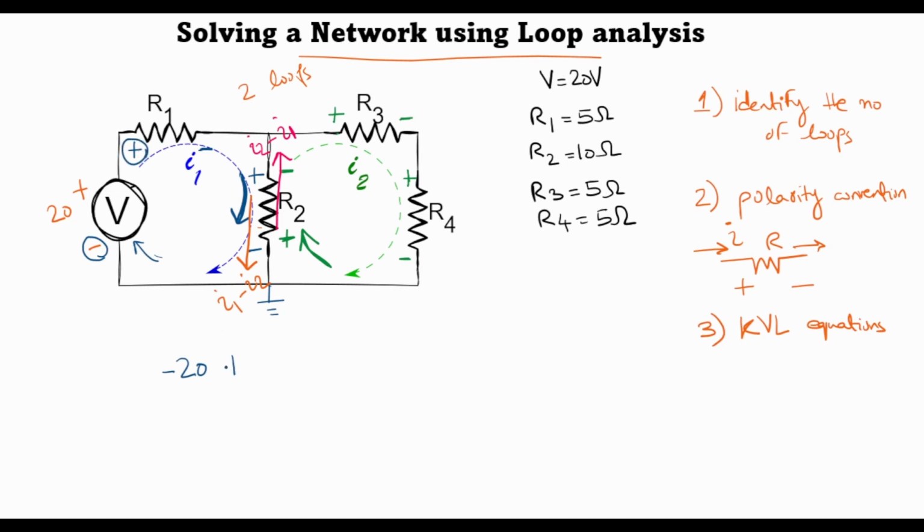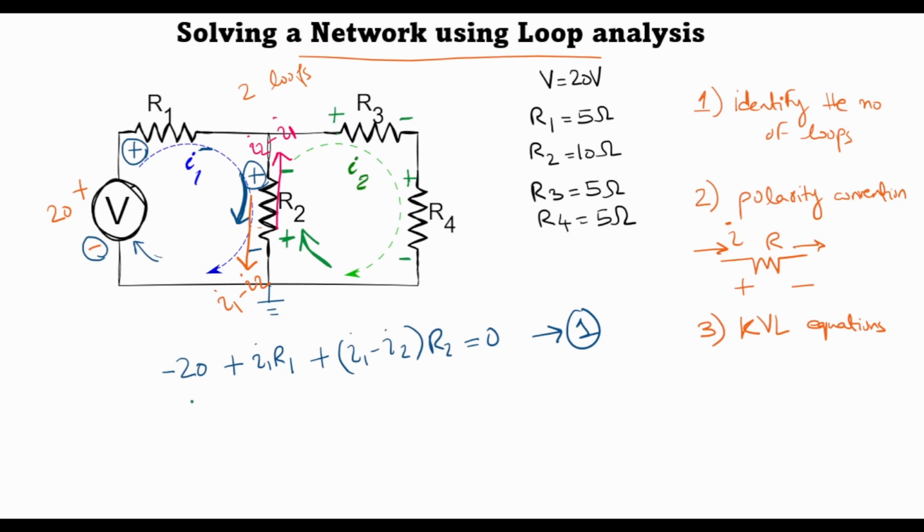So I write the drop across R1, which is I1 times R1. Then we have already seen that the current flowing downwards is I1 minus I2. So I see a positive, so plus I1 minus I2 times R2 equal to 0, and this is my first equation.